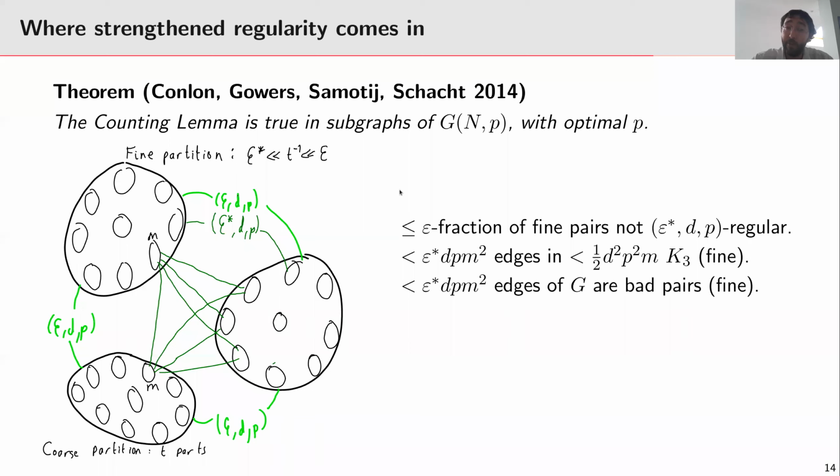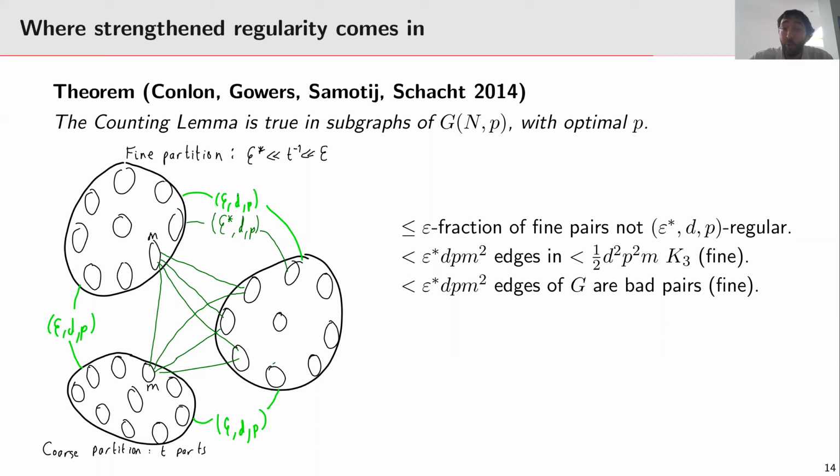Now, this would be great. This is what we would like, because that's saying there are very few, at most epsilon star fraction of the edges here are bad pairs. This is what we wanted, this epsilon star, this tiny, tiny fraction, much better than 1 over t, of the edges here being bad pairs.